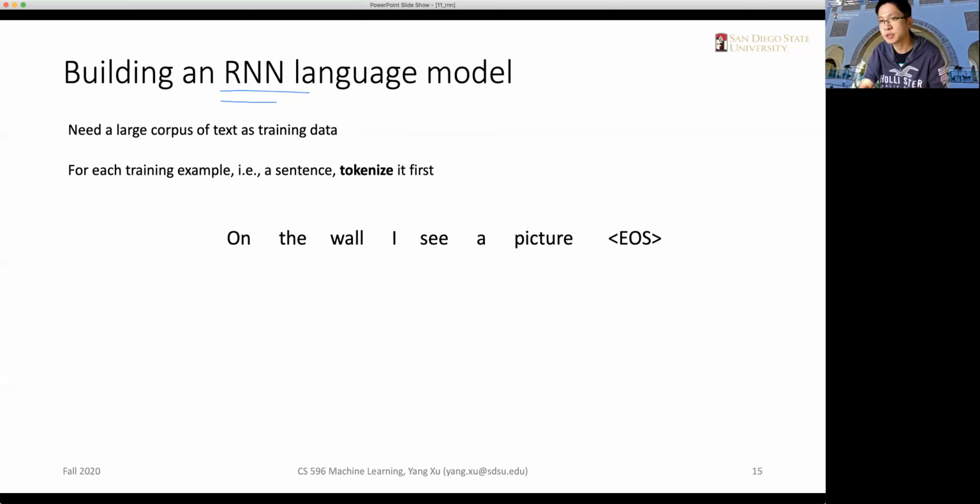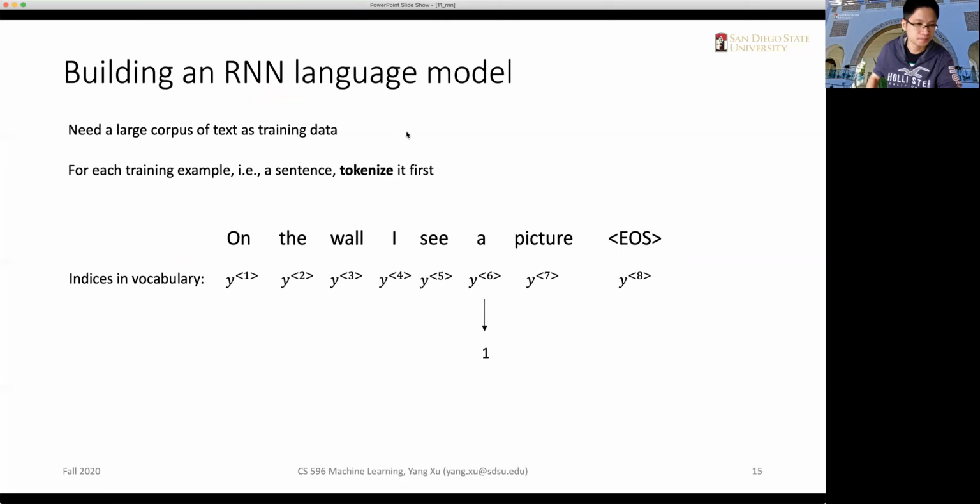In most cases, we will need to append a special end-of-sentence token, because we want to know where the sentence ends. Sometimes we also include a start-of-sentence symbol, but that is not commonly used in RNN-based language models, okay?